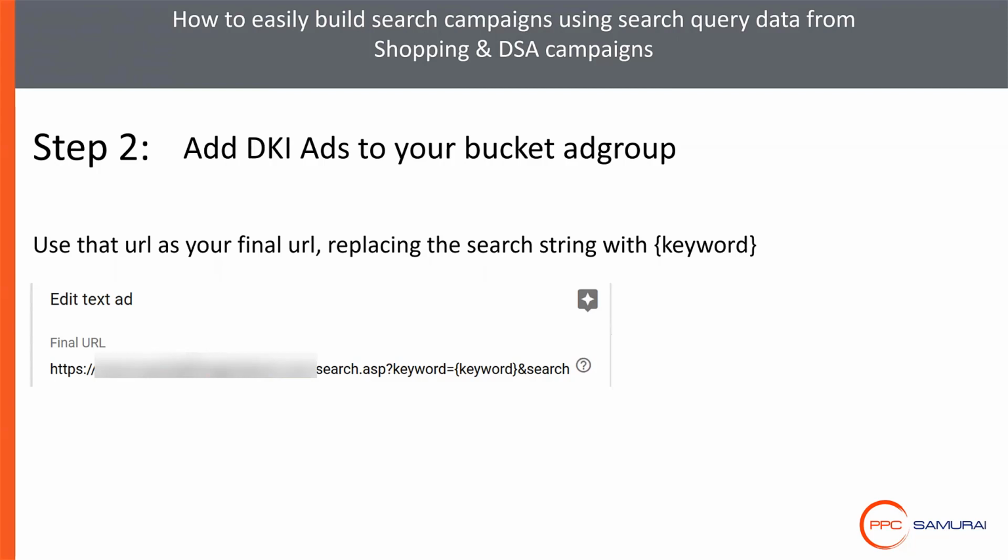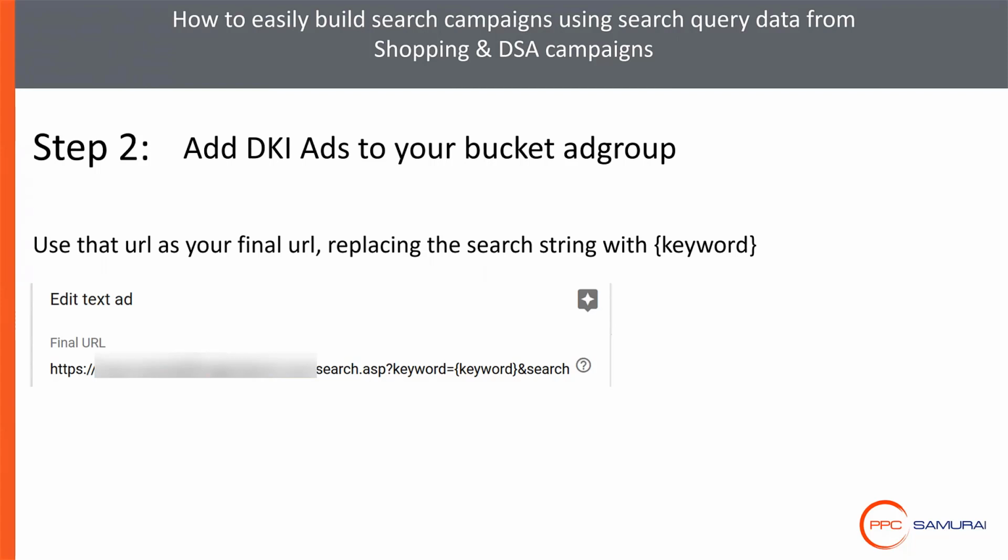So when a keyword triggers that we're bidding on in this new search bucket, and there could be 500 keywords, remember, if any one of those keywords triggers, then the landing page that the user will get sent to will be replicating as if that user had gone to the website and done a search on the website. So depending on the quality of the search, they should always end up on a page that is relevant for that particular search.